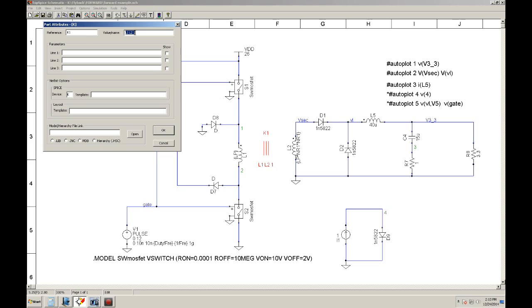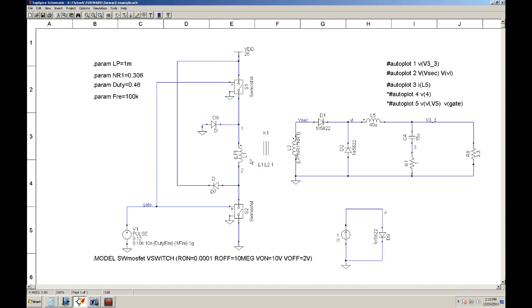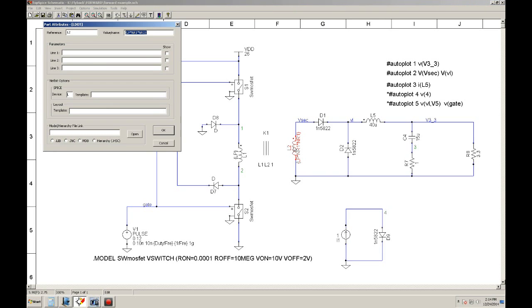Now, a coupling coefficient of 1 means that it is a perfect inductor. So for simulation purposes, I'm just going to assume that it's a perfect inductor or transformer. So I put a coupling coefficient of 1. Okay, and then L2 is the secondary.